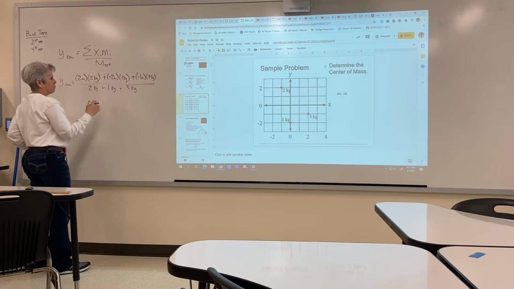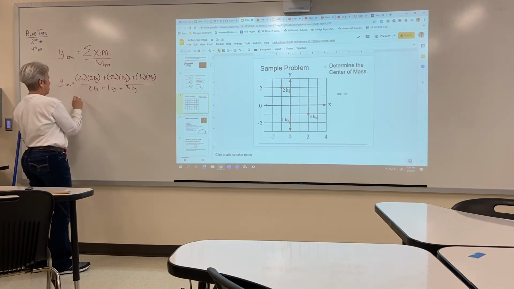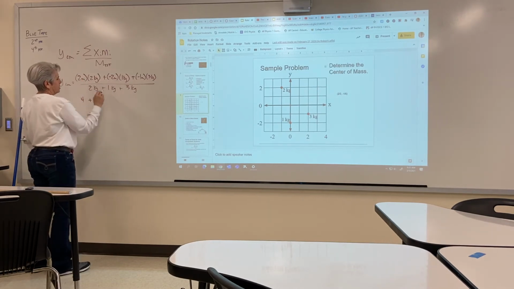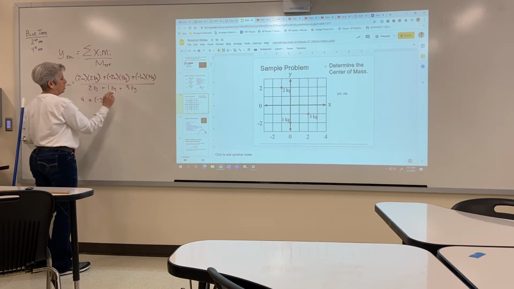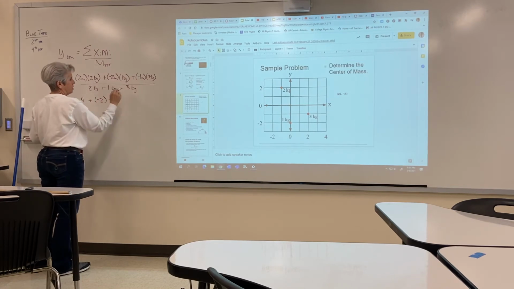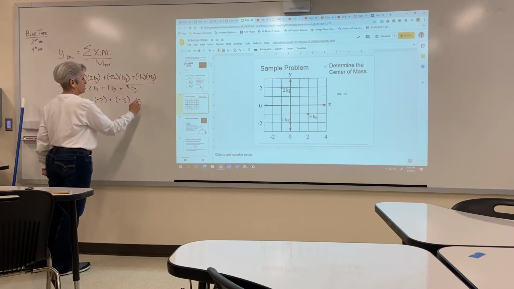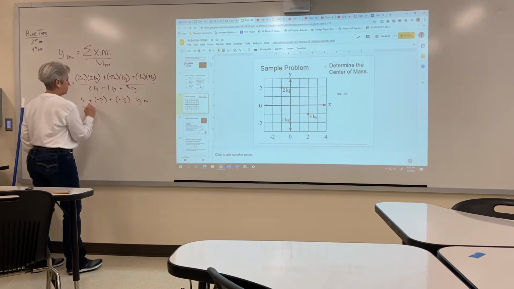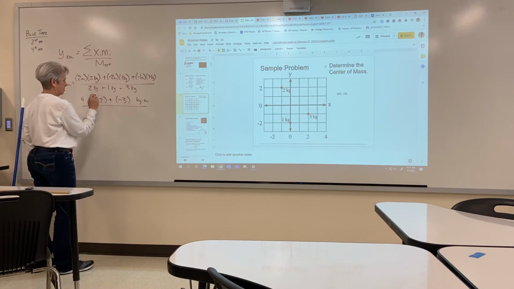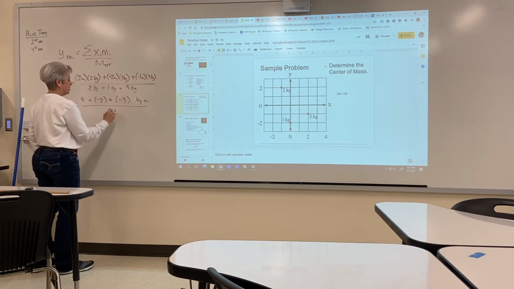And so if you work through this, we've got 4 plus -2 plus -3, and this would all be kilogram meters, over 6, since 2 plus 1 plus 3 is 6 kilograms.